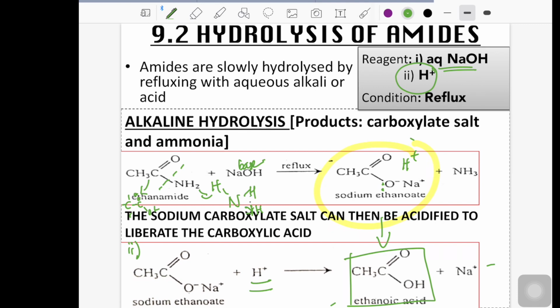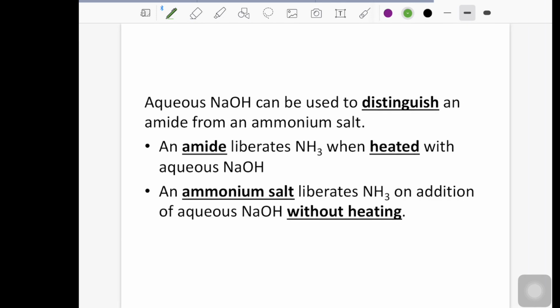That goes in the second step. You do not add sodium hydroxide and acid all in one go, otherwise they will just neutralize and nothing would happen to this reaction. The other condition that you need is reflux.